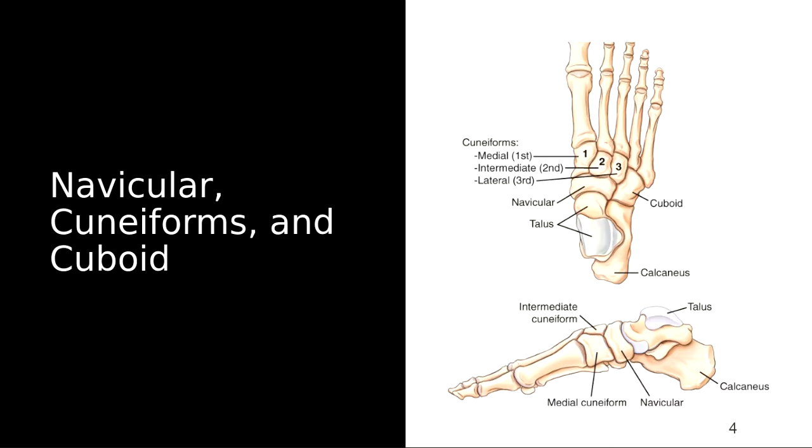So looking from the top down on the foot in this picture, and then looking from the medial aspect, or from medial to lateral. Since that's the medial cuneiform, you can see that that's on the first digit side. So we're looking from here to here on this particular image.